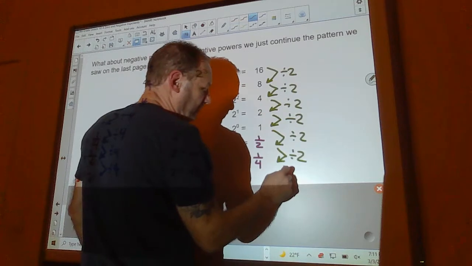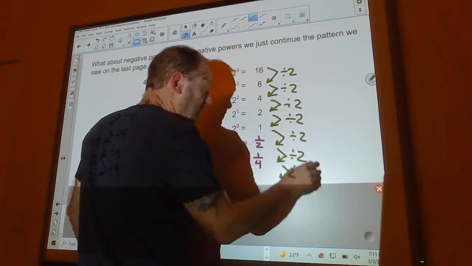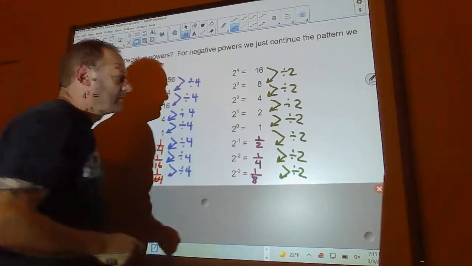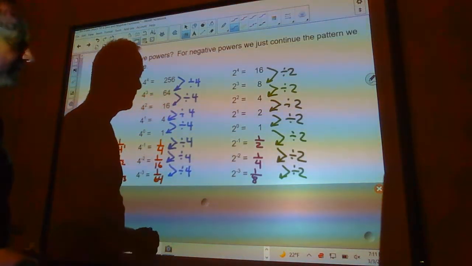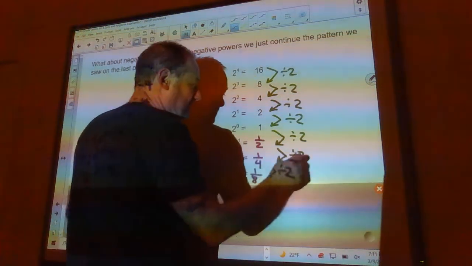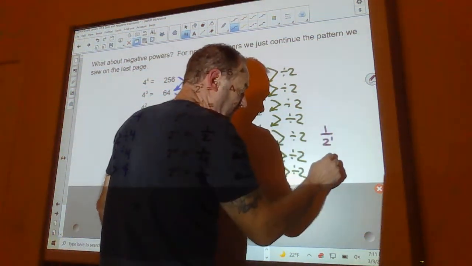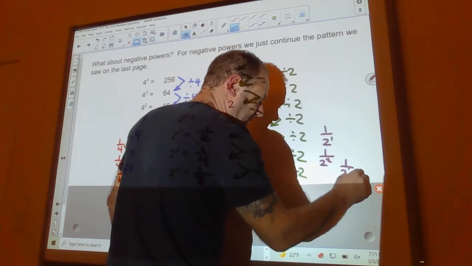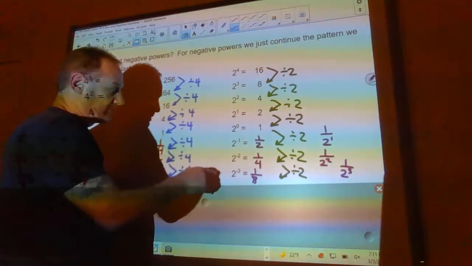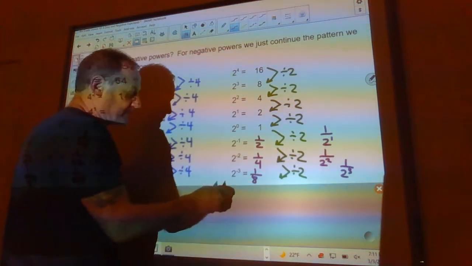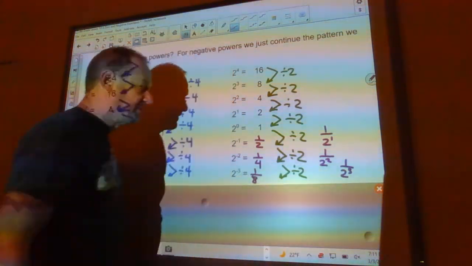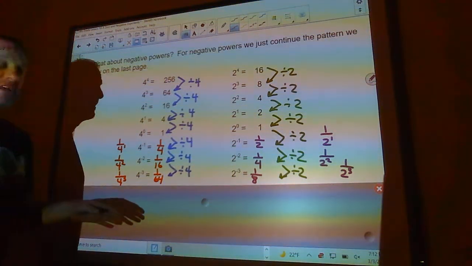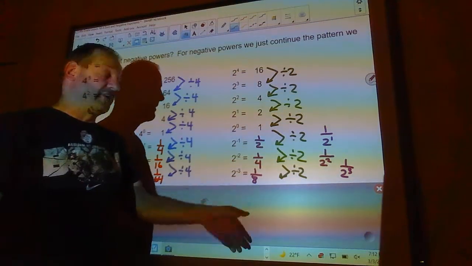And 1/4 divided by 2 is 1/8. Okay, and so on and so forth. So another way I could write this is 1 over 2 to the first power. This is 1 over 2 to the second power. And this is 1 over 2 to the third power. Okay, so when I have a negative exponent, I just lose the negative and I put the power in the denominator. Okay? Unless it's already in the denominator. If it's already in the denominator, then I move to the numerator.